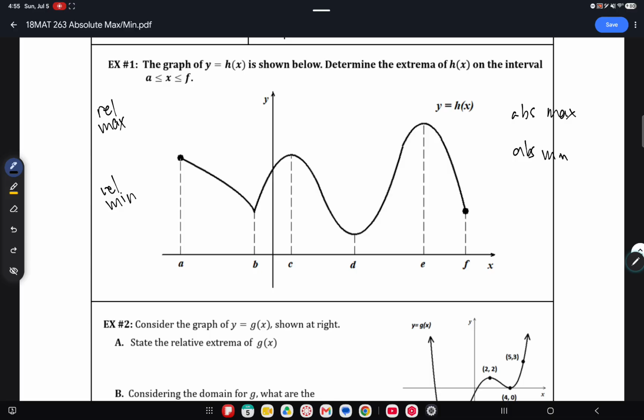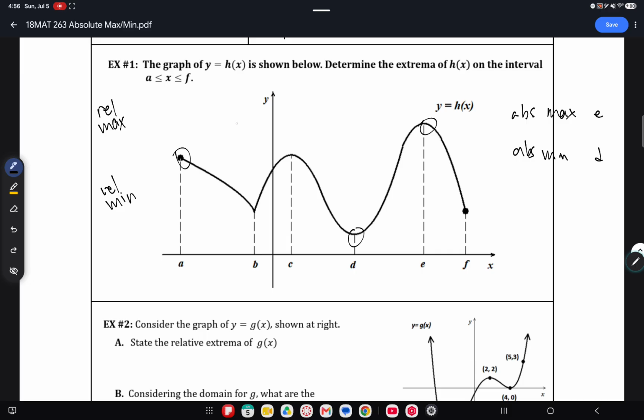Sometimes it's easy to look at the entire domain and look for the absolutes first because it's either the highest or the lowest on the entire thing. So right here, I would say that is an absolute maximum, at point E. And then for the absolute minimum, we want the lowest, which is going to be here at D.